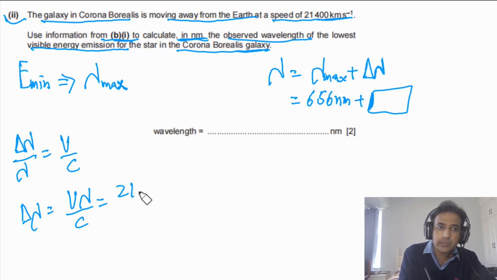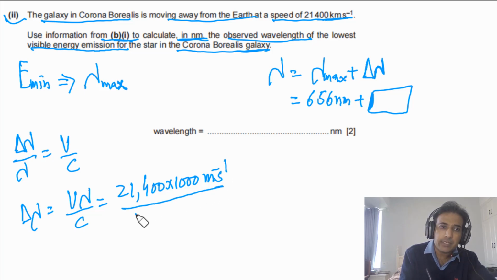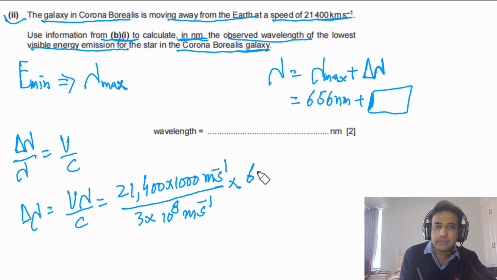v is 21,400 kilometers per second, so you have to multiply by 1000. So this is meters per second divided by c, that is 3 times 10 to the 8 meters per second, multiplied by lambda, that is 656 nanometers. You do not need to convert units here because meters per second will cancel, so the unit is nanometer.